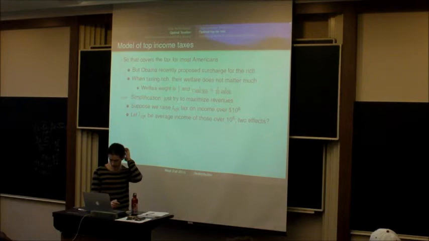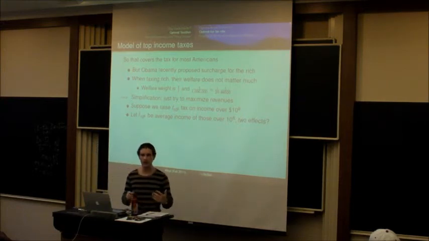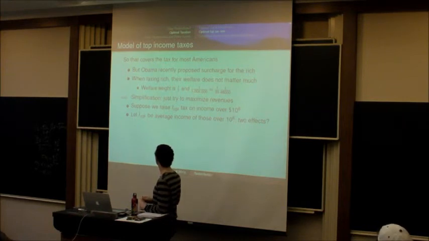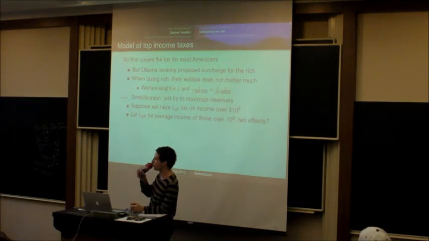If we let I bar 10 to the 6th be the average income of those who earn over $1 million, then we can again come up with the two effects that we had before. Victor, you wanna explain what those two effects are or how they play out here? If we raise the tax, what are the two effects that have on the amount that we earn?